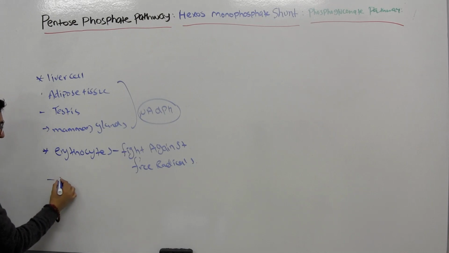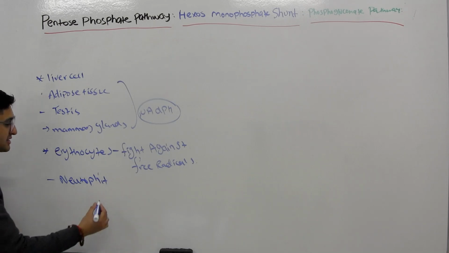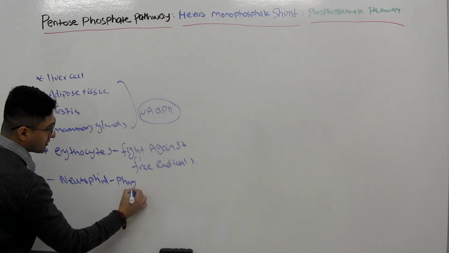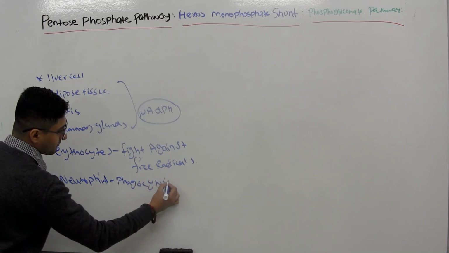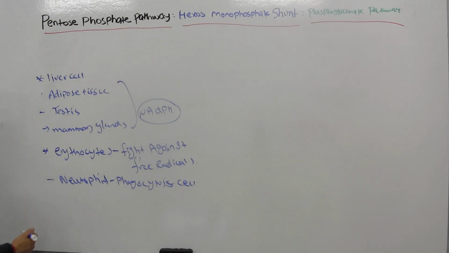We're also going to talk about the role in neutrophils, or any sort of leukocytes, phagocytic cells like neutrophils and macrophages. What is the role there? What is the role in erythrocytes? What is the role in liver cells? Why do we use this?